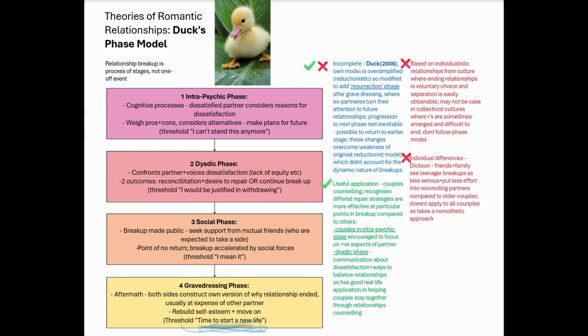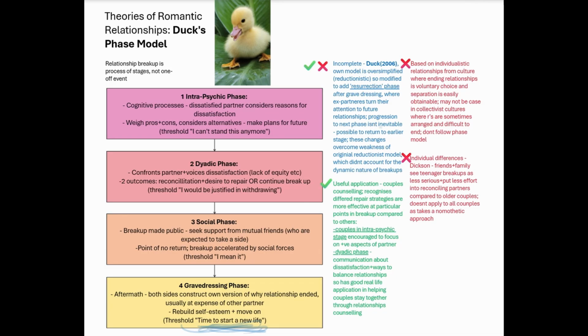Okay, a problem with this theory is that it's incomplete. Duck himself says that his own model is oversimplified and reductionistic, so he modified it to add a resurrection phase after grave dressing. This is where the ex-partners turn their attention to future relationships.